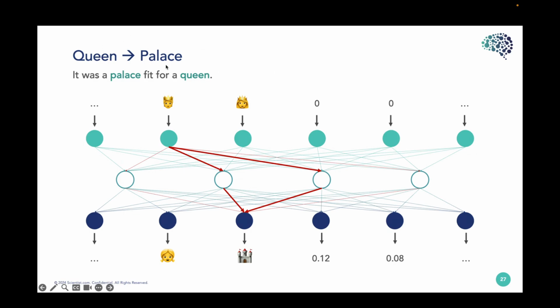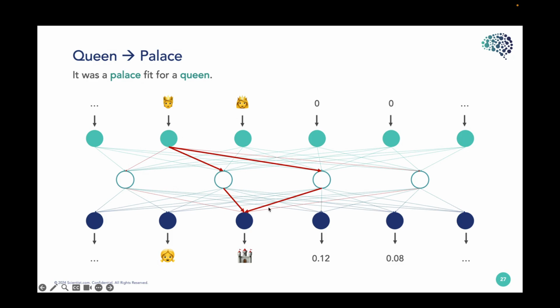Okay, next word. Now we've got queen and palace. It was a palace fit for a queen. So again, just the word queen, just the word palace. Now we're looking for a 1 here. And the network, through back propagation, because of the linear algebra and the calculus we talked about last time, is going to realize, I'm anthropomorphizing the network already, but the math is going to point to reusing these nodes, because if it wants to get a 1 here, it realizes that's the same as when princess wanted to get a 1 here.